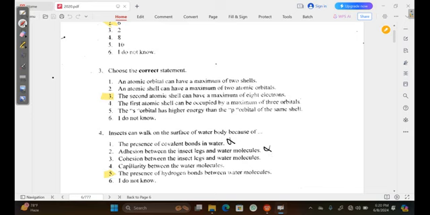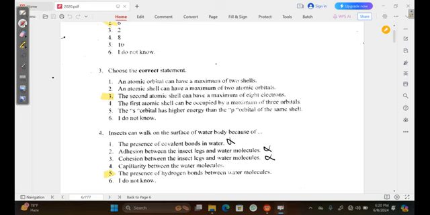That means the surface of the water will be distorted. Then 3 is cohesion between the insects and water molecules. Again, this is wrong because cohesion occurs between like molecules. So if we have cohesion, which is there, it's going to be between water molecules and not the insect legs and the water molecules.